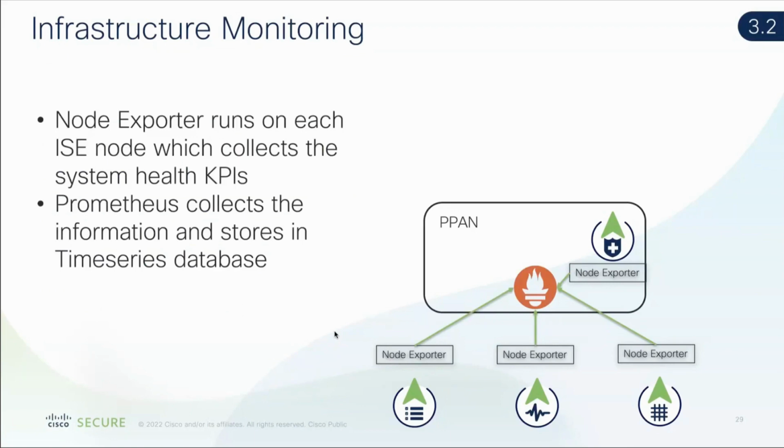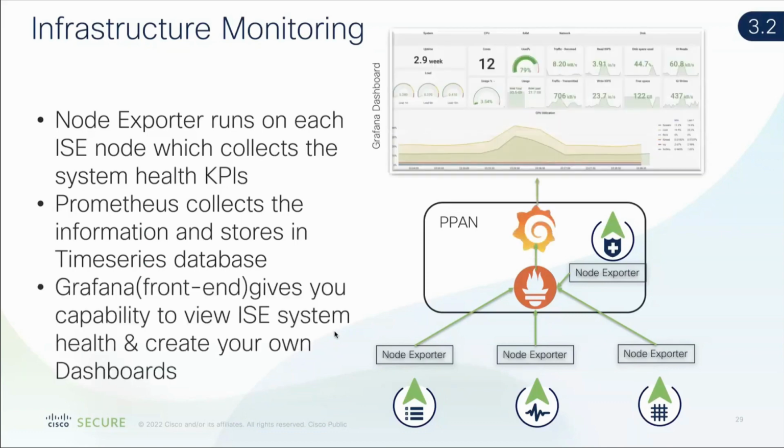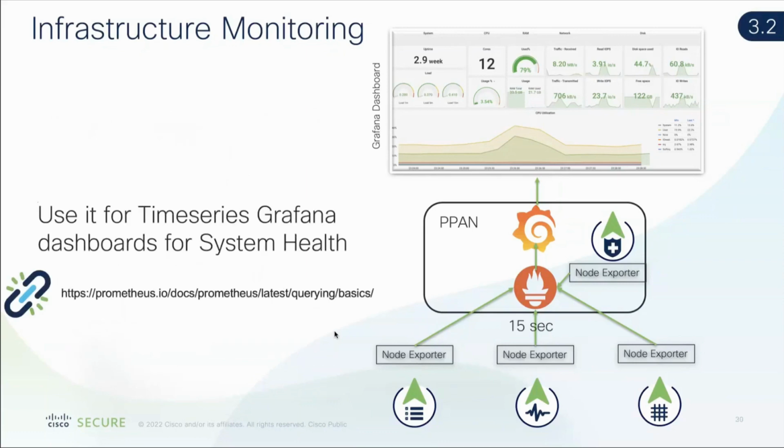Prometheus builds the time series database, on which you can make use of Grafana as a front end to create your own dashboard. So Grafana makes use of the Prometheus time series database, which gathered the information from each and every node exporter process. That's how you create your own infrastructure monitoring dashboard from the PAN itself.